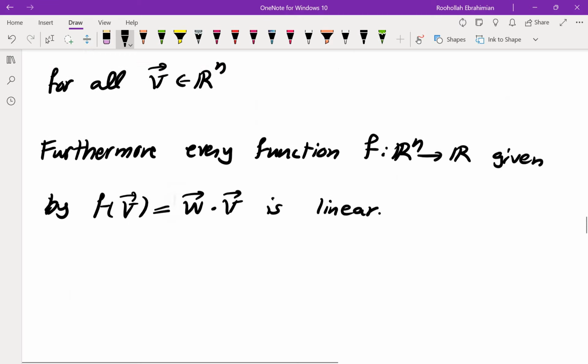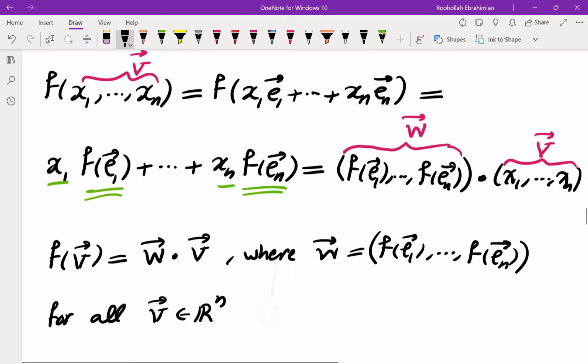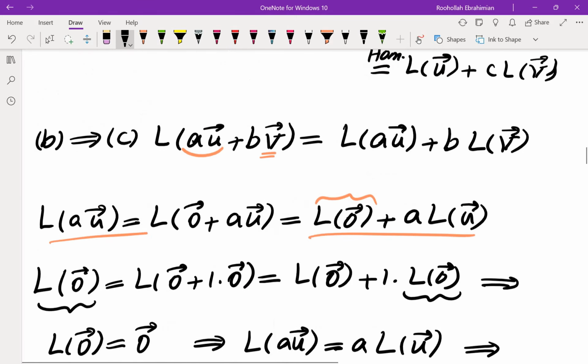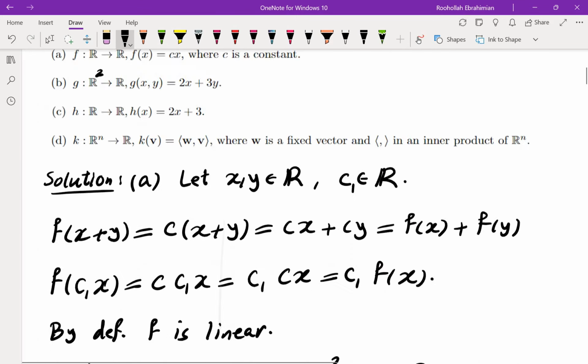Well, why is that linear? This is the example that we just did. Let's go back and take a look. In fact, the example that we did was for every inner product, the function k in example 4.2 part D.